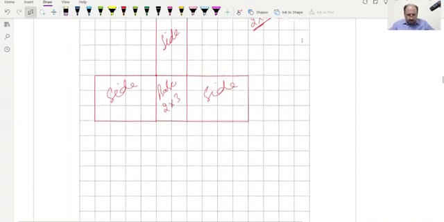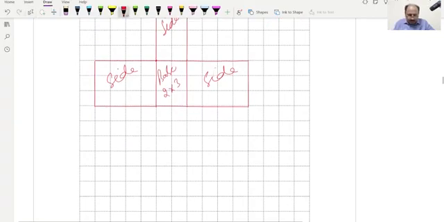Now 4 units will be this side also, and the remaining is top only.